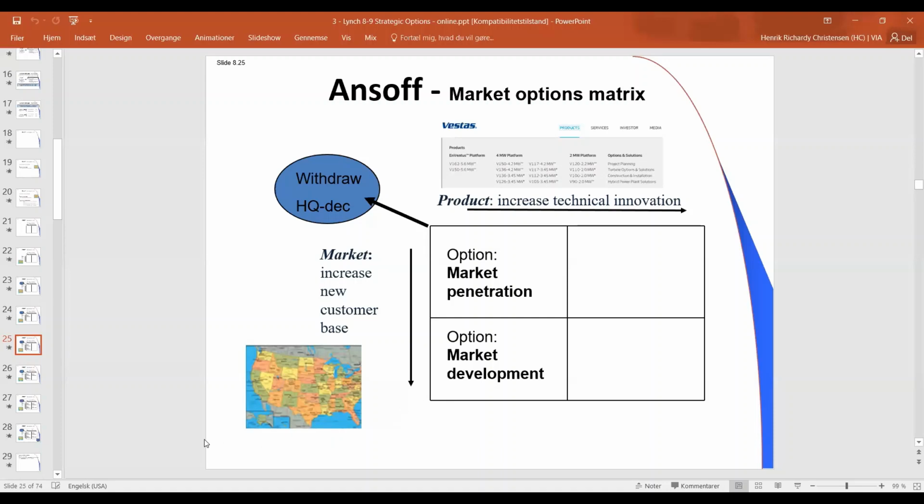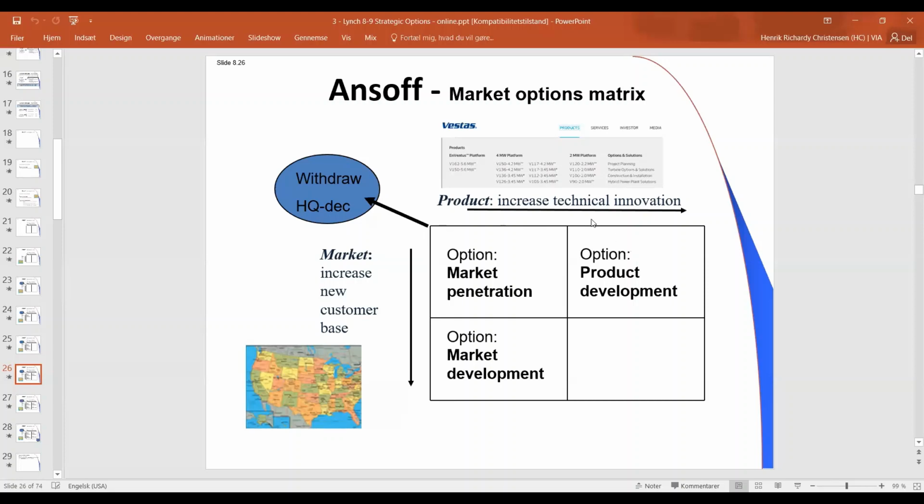So that was market development, and then we have product development. We have existing markets, and if we develop our products in this direction, then we have a strategic option that we call product development. And that could make a lot of sense if we are in an existing market.